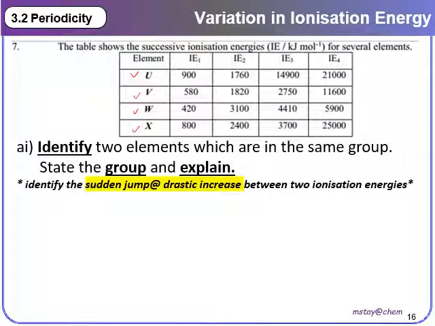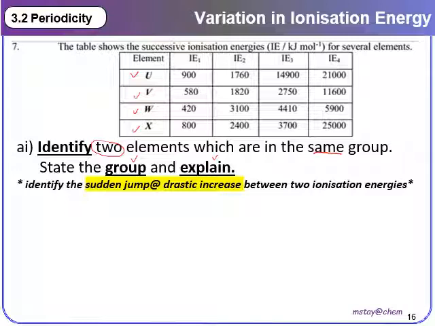First part, A1: identify 2 elements which are in the same group, state the group number, and also explain. To answer this, we have to find the sudden jump or drastic increase between 2 ionization energies. So let's identify together.